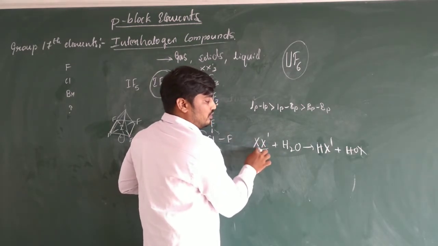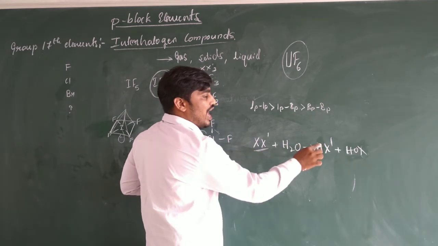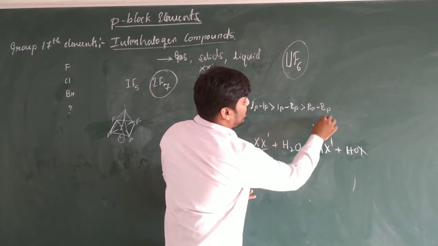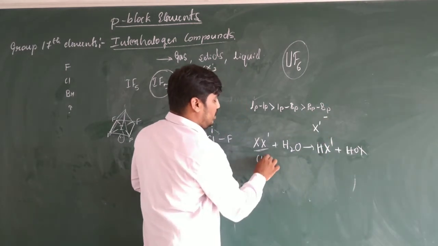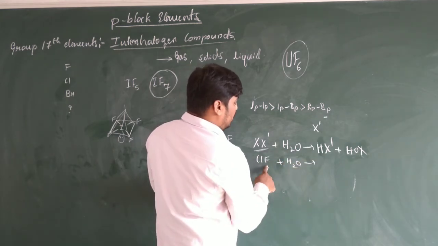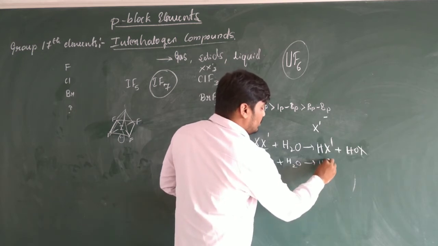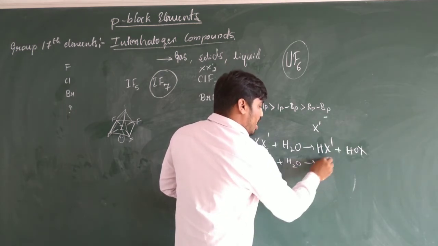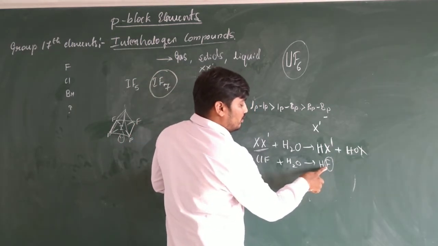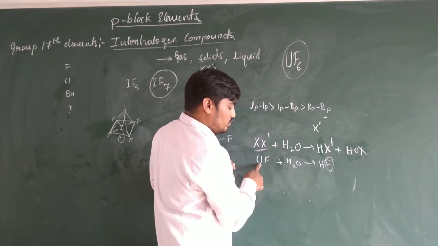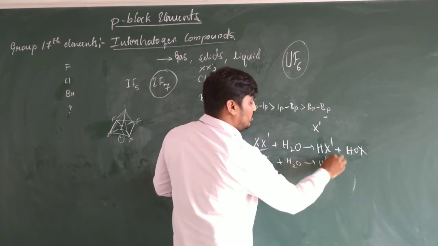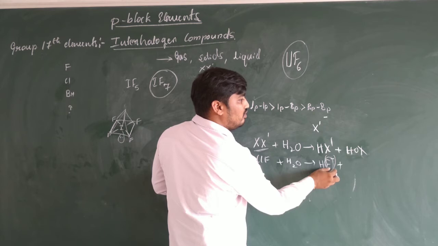If an interhalogen compound XX' reacts, then it gives the halogen and the halide X'-. For example, ClF reacts with water, and it forms HF, the hydride of fluorine. The smaller halogen, fluorine, reacts with hydrogen and forms a halide, like fluoride, chloride.